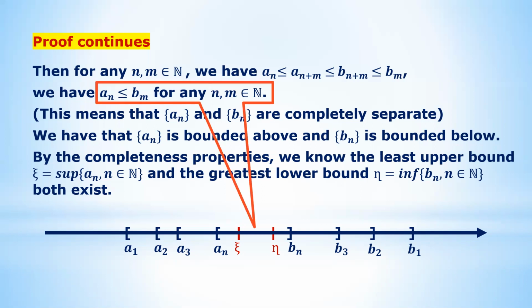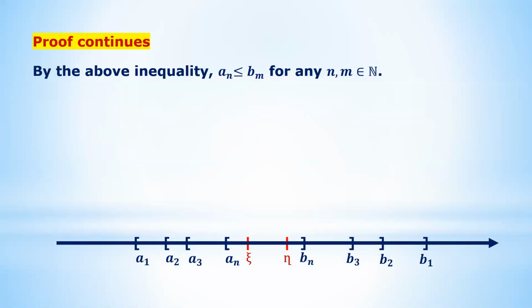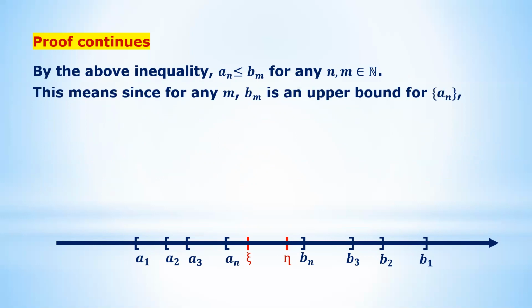The reason is our previous inequality: AN is always less than or equal to BM for arbitrary N and M. Let's look at the reason in more detail. Starting from this inequality, AN is less than or equal to BM, and this is true for any N and M. So first fix the index N, and then for every M, BM is going to be an upper bound for AN.